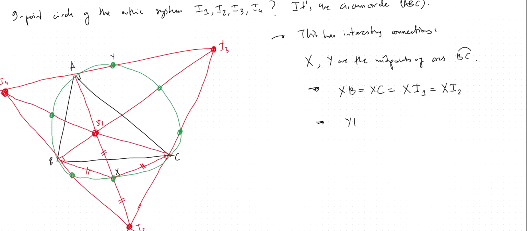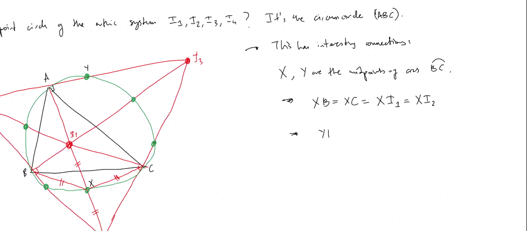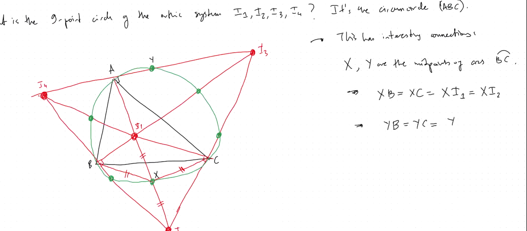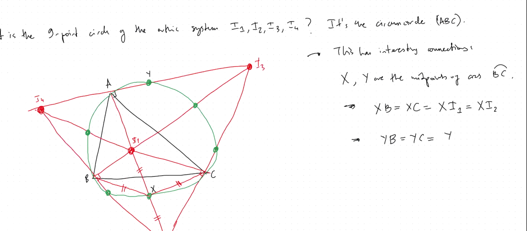You don't even have to look at the picture. You can just convert from here. Y is the midpoint of the arc BC, so automatically you have to put YB and YC. And then the other things will be centers. Which centers will it be? Well, you just look at the red line passing through Y. There is only one red line passing through it, which is I3 and I4.